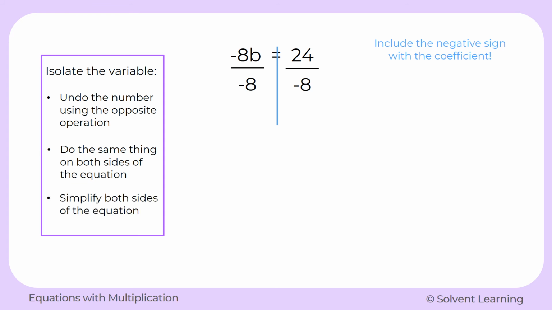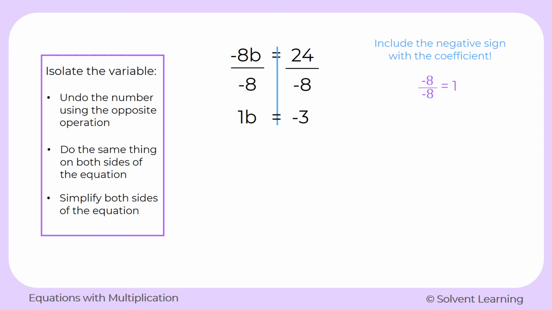And then we simplify both sides. So on the left, we have -8 in the numerator and denominator. So that part is going to simplify to 1. So on the left, we'll be left with 1 times b. Bring down our equal sign in the middle. And then on the right side, we simplify. 24 divided by -8 is -3.